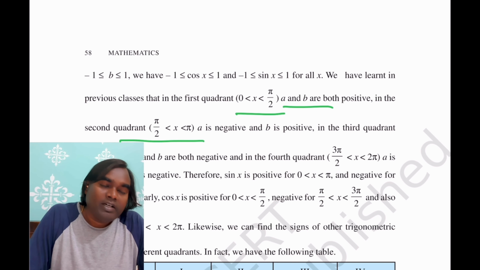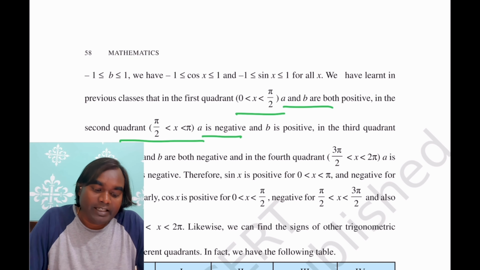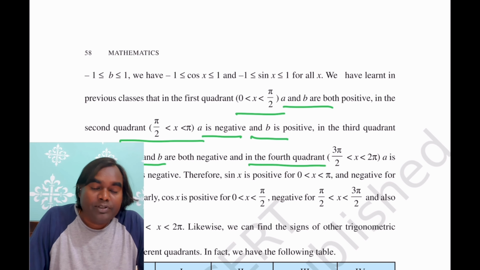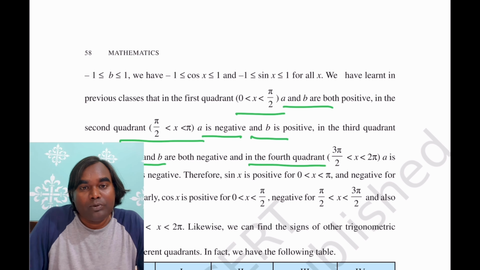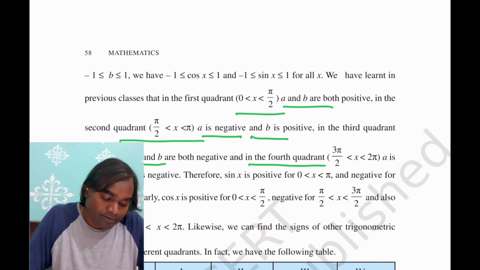And in the second quadrant, that lies between pi by 2 and pi, a is negative, that is x-axis becomes negative, but y-axis, that is b, is positive. In the third quadrant that lies between pi and 3 pi by 2, a and b both are negative. And in the fourth quadrant, 3 pi by 2 to 2 pi, a is positive, b is negative.